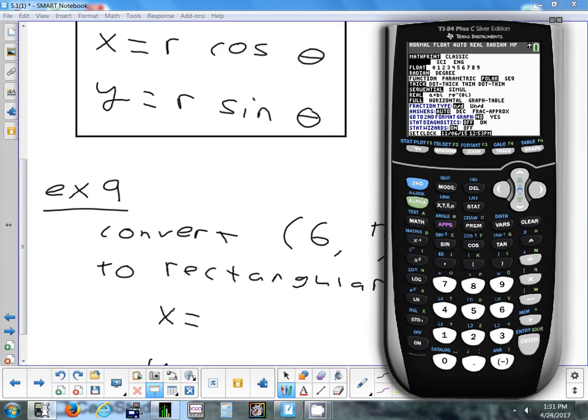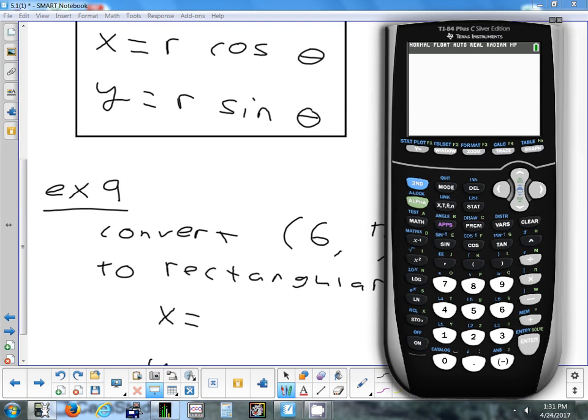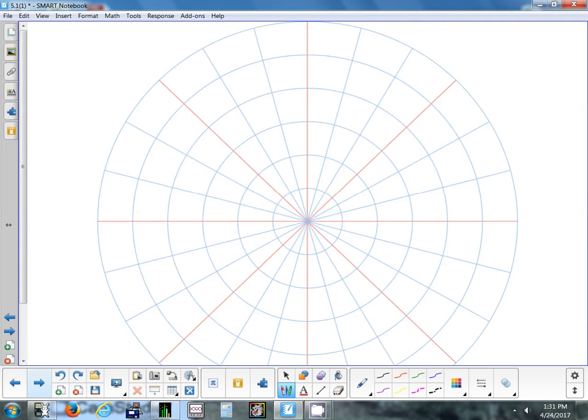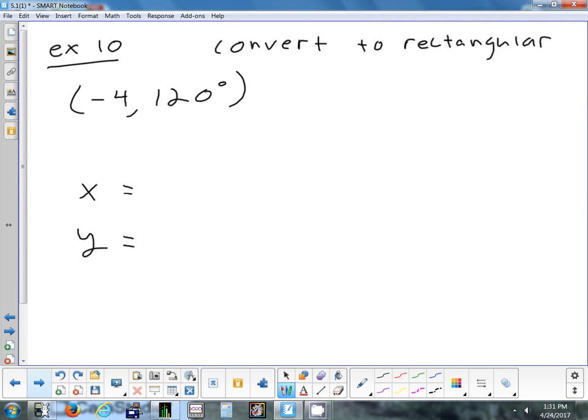All right, so I'm already in radians, so we're good. You would know if it's in degrees because it would look more like that.